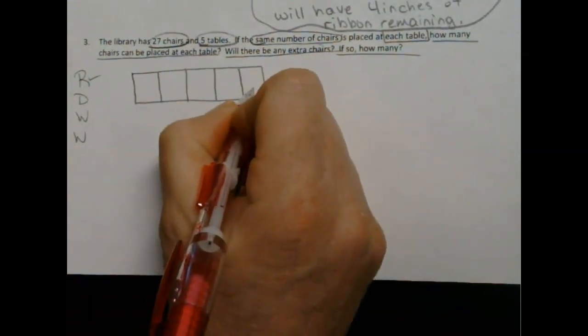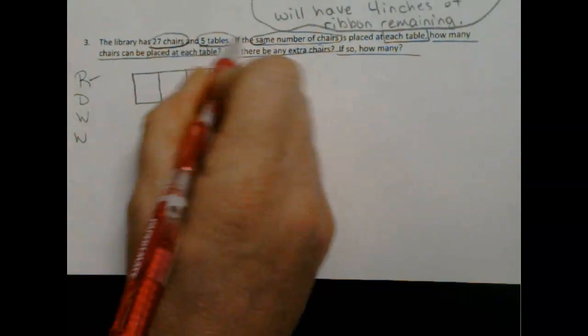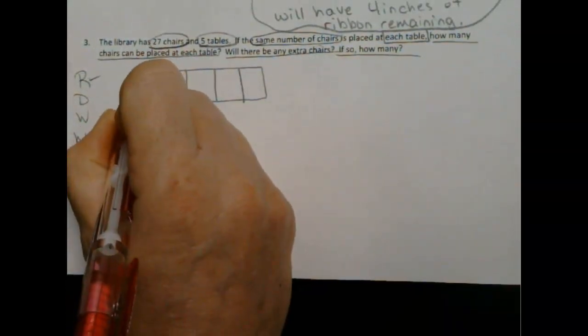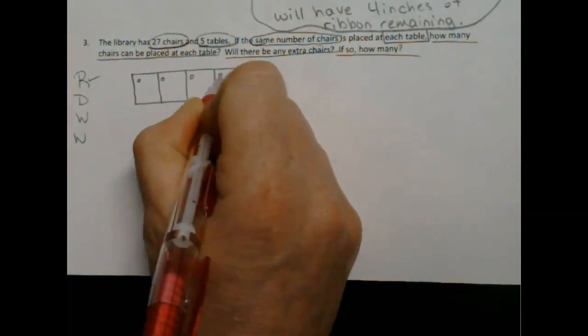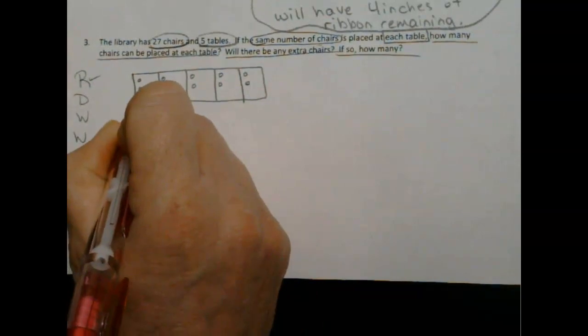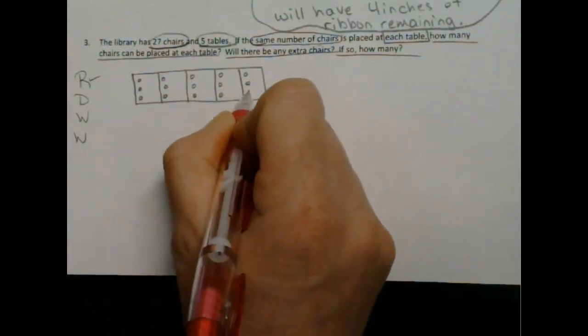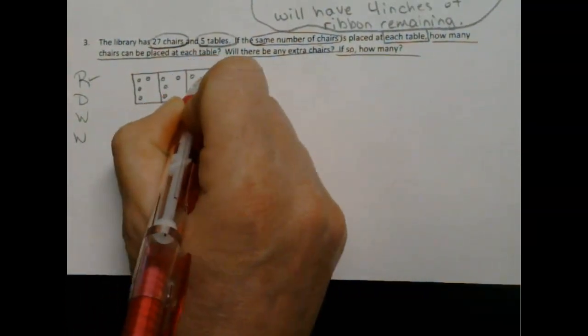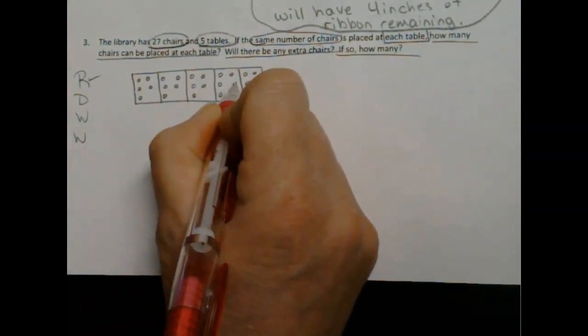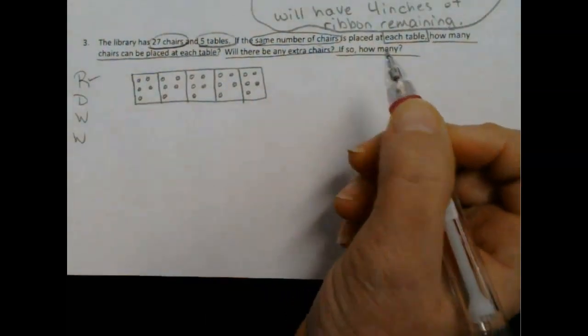So here are my 5 tables, and I'm going to place my 27 chairs at these 5 tables. So 1, 2, 3, 4, 5, 6, 7, 8, 9, 10, 11, 12, 13, 14, 15, 16, 17, 18, 19, 20, 21, 22, 23, 24, 25.